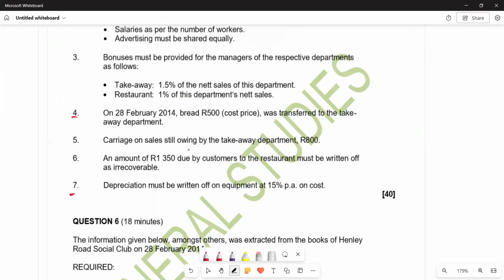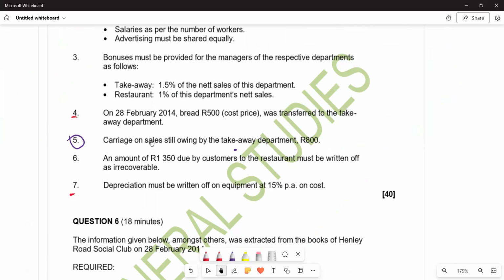So if you go to additional information number 5, carriage on sales still owing by takeaway department 800. We know that when it's owing, we add. Owing or accrual meaning the same thing, we add. So our 800 we're going to add to the carriage on sales of the takeaway department. So for the restaurant, there's no adjustment for that. We are just going to take the figure that we are given there.